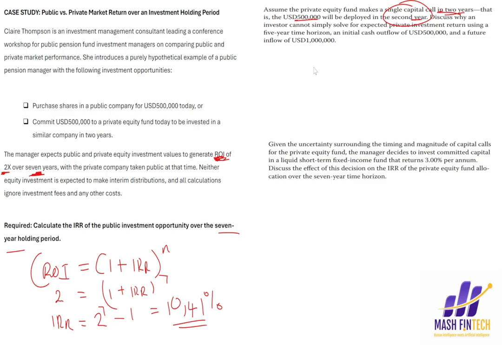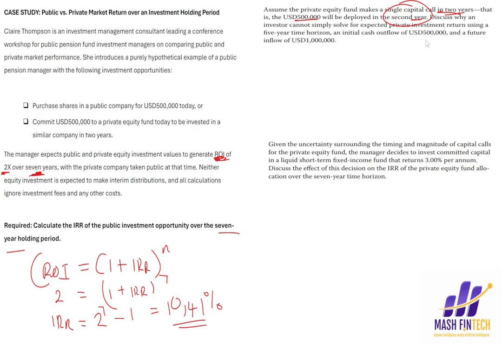This person is going to assume that they might invest 500,000, and after investing 500,000, they are going to get 1 million from that investment. That investment is going to double. That's what they're going to assume, because remember, the return on the investment is 2 times.